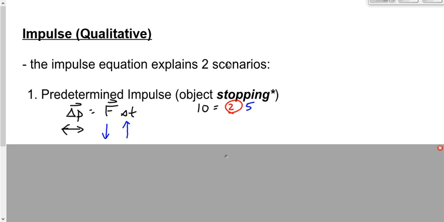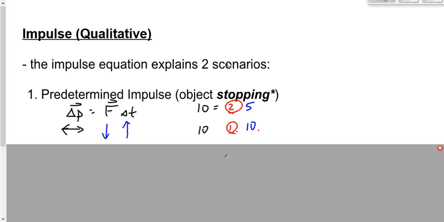Let's say now I have the same impulse, the predetermined impulse, right? Now I'm going to increase the time to 10 seconds. What's my force going to become? 1. Same impulse, because the object was stopping, I increase the time that it takes to stop, I decrease the force, less chance of injury.